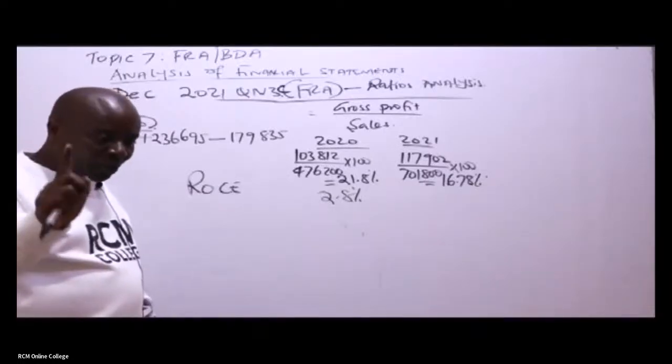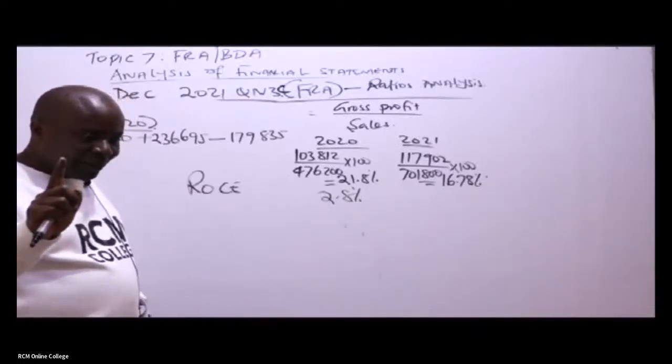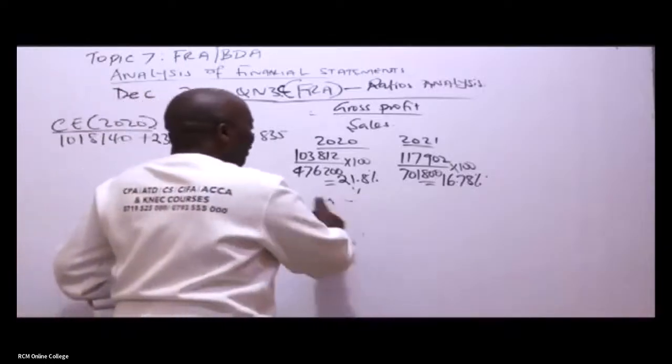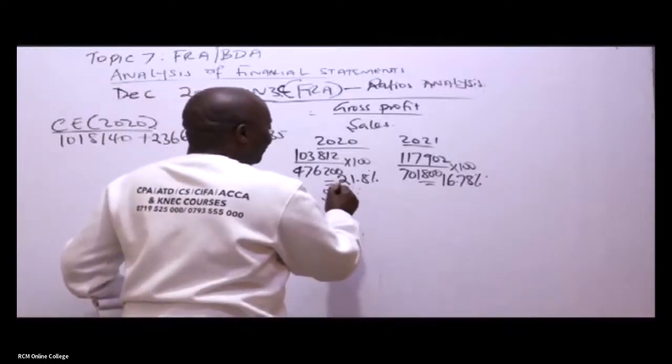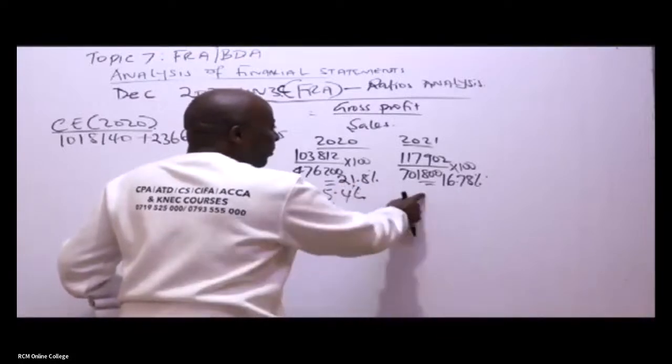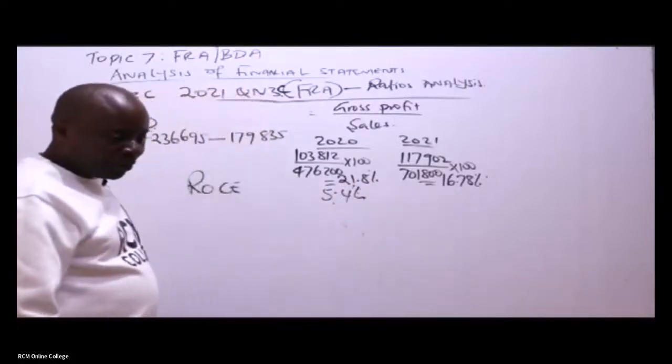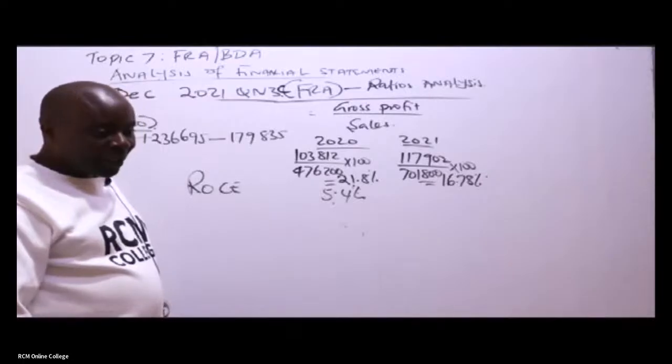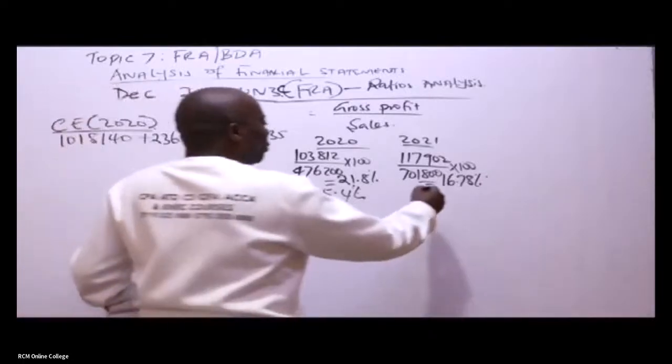It doesn't matter whether they are right or wrong. 2020, they're saying it's 5.4. You can see Cyprian, you're right. How about 2021? Okay, so I was mixing up 2.3.